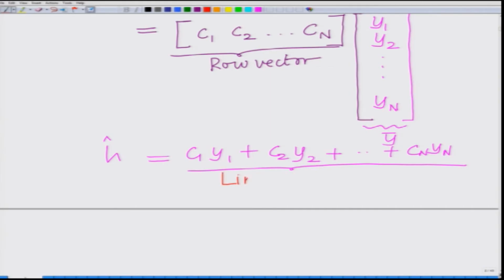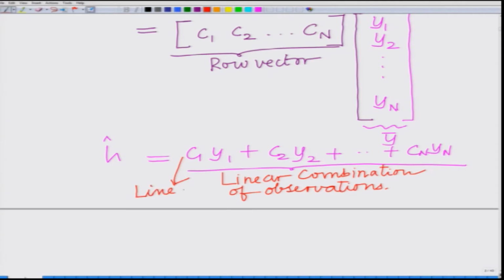This is a linear combination of the observations. Therefore, this is a linear estimate.